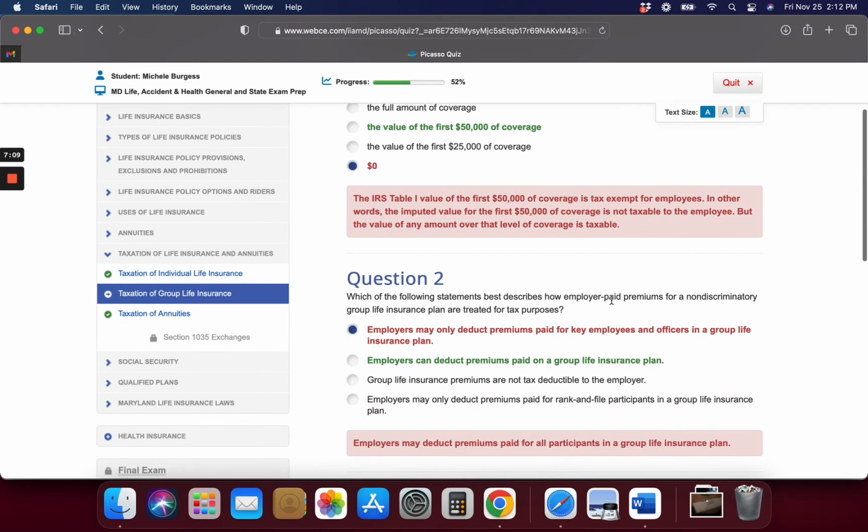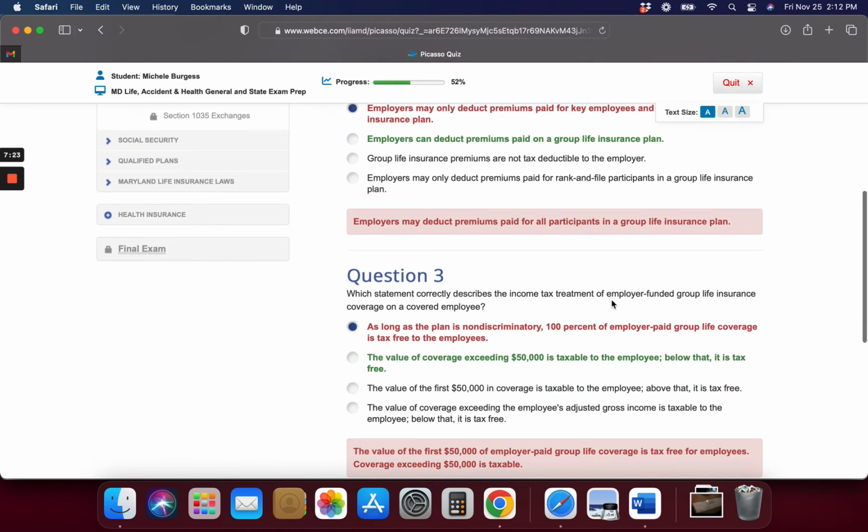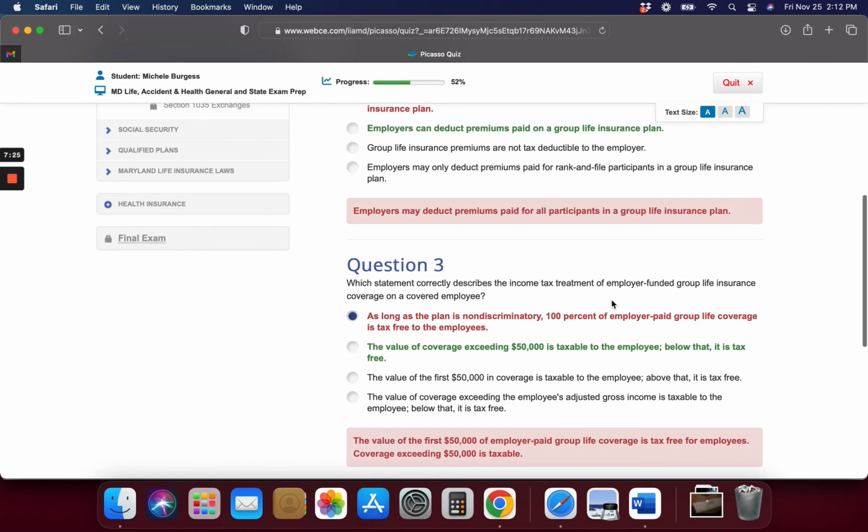All right. 2. Employees may deduct premiums paid for all participants in a group life insurance plan. They can deduct their premiums paid on a group life insurance plan. All right, number 3. The value of the first $50,000 of employer-paid group life insurance is tax-free.